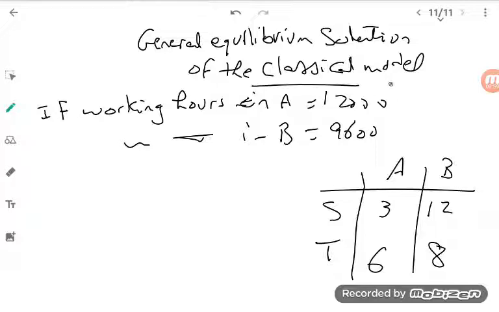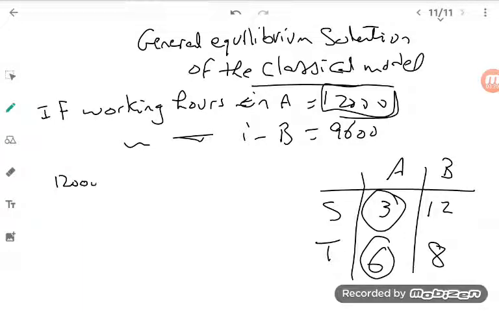So if you know that this is the total available resources, which is 12,000 hours, we would like to distribute these hours between the production of soybeans and textile. In order to draw a straight line, you have to find just 2 points. Number 1, you are going to devote all your time to the production of soybeans and 0 textile. So we are going to divide 12,000 by 3. So it will be 4,000.